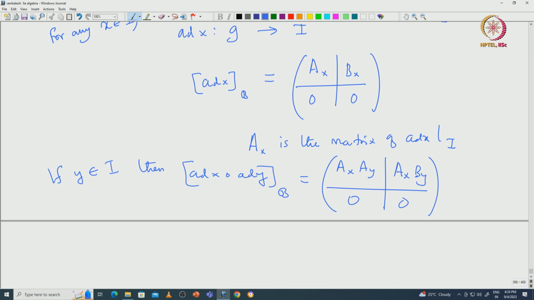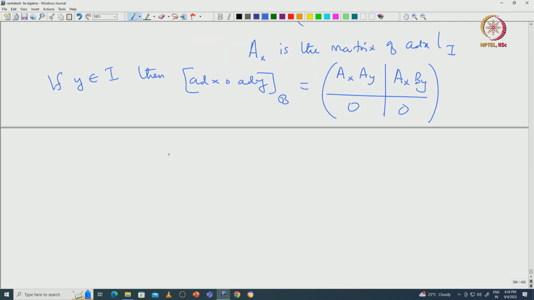So, this is how the matrix will look. In particular, A x times A y is the matrix of ad x composition ad y restricted to I.